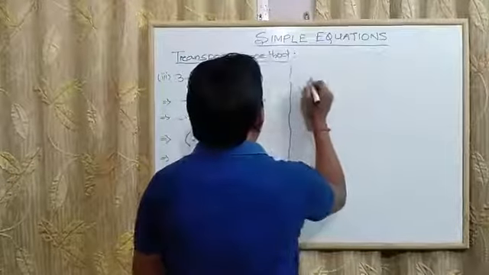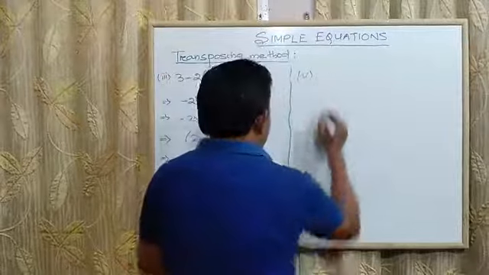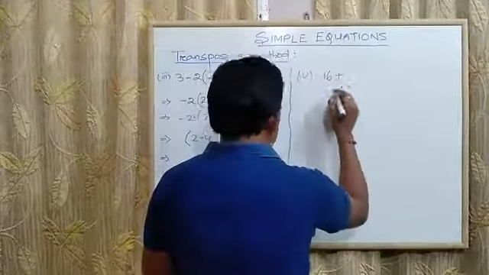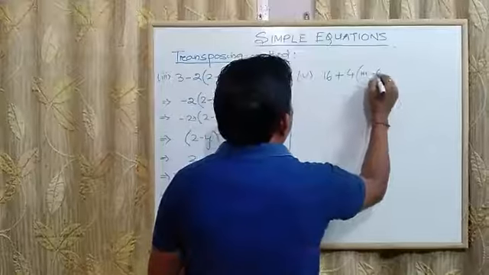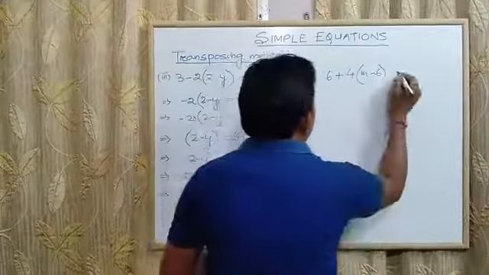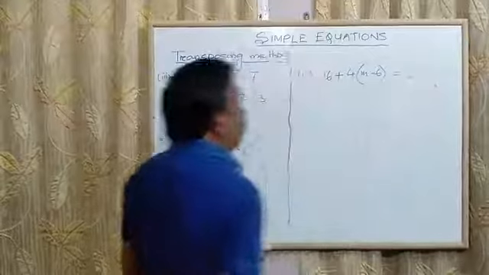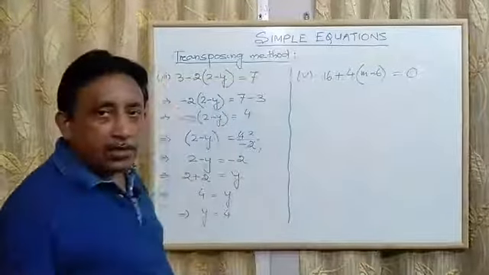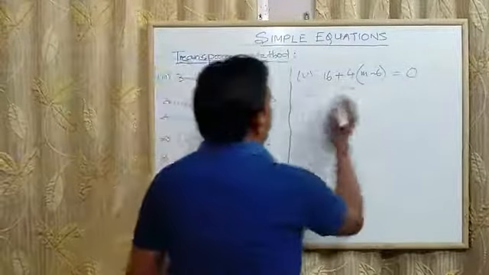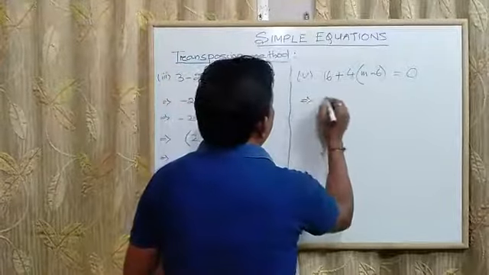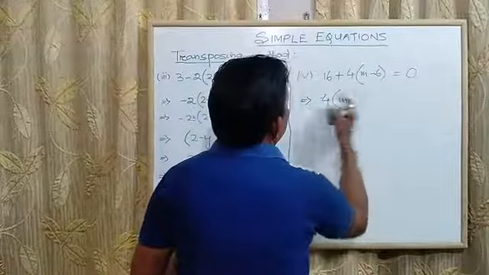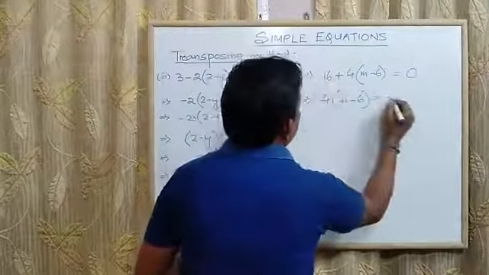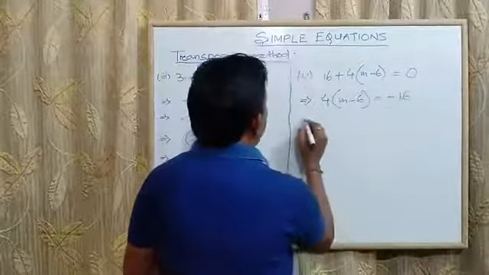Number 4, say 16 plus 4m minus 6 equals 0. The equation can be like this also. So this will become what? Very simple. So 4m minus 6 equals, this 16 is plus 16, it goes to the other side, it becomes minus 16.